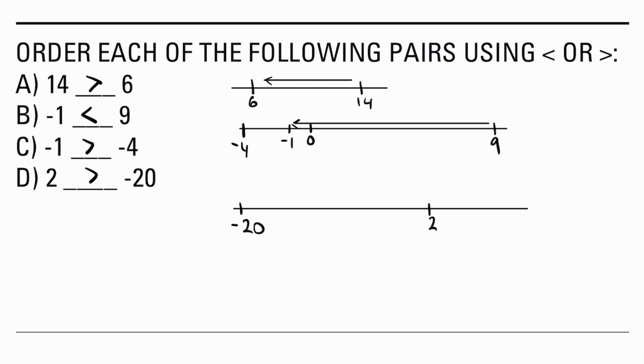Therefore, if I'm relating -1 to 9, it has to be less than. You can continue this pattern on, but the basic premise is that the number further to the right along the number line will be greater than. If the number is to the left and it's relating to a number which is further to the right, then it must be less than.